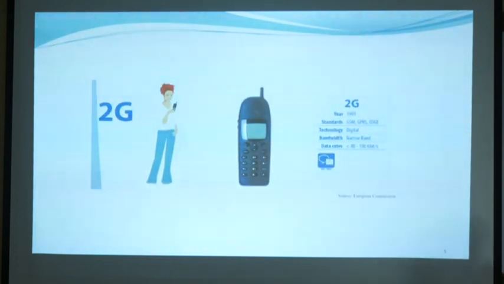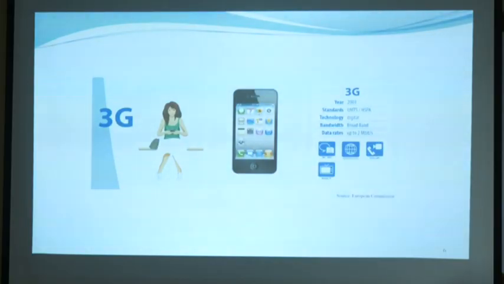Then in the early 1990s, the second generation of cellular network happened. The standard is called GSM, mainly developed in Europe. This is actually a narrowband system. It can support data rates up to 80 to 100 kilobits per second. The second generation is a digital technology based on TDMA, and it can also support text messages. Then 3G was introduced in the early 2000s.